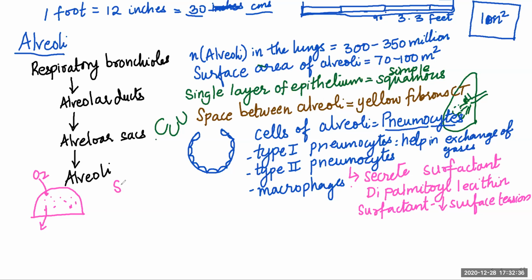Surface tension is the force exerted by molecules on the surface. This will not allow easy exchange of gases. So surfactant reduces this surface tension, so the force between the molecules of water decreases and gases can pass through.